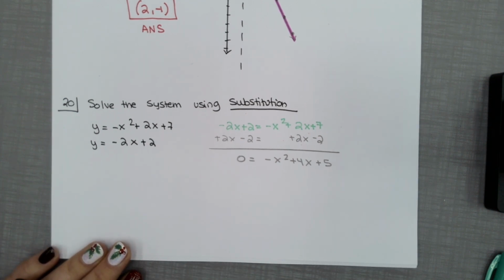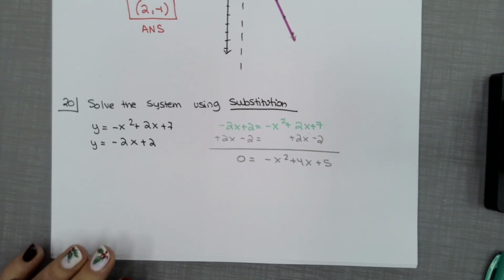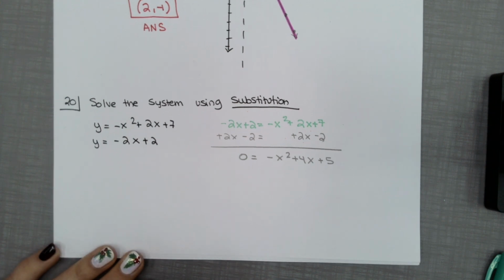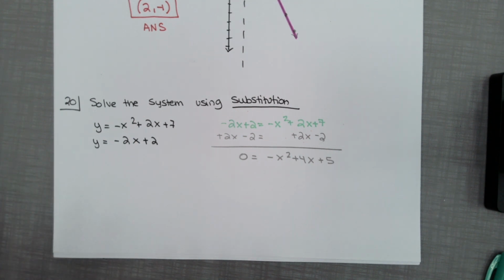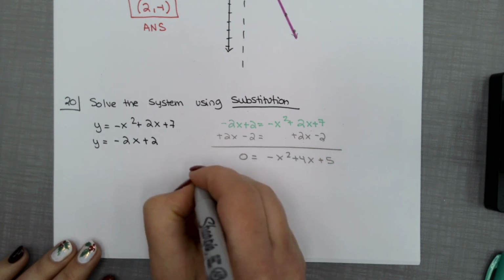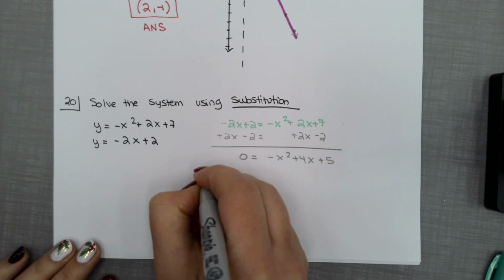Now, if you are choosing to factor, I highly recommend you factor, just because it's going to be easier. If you're choosing to use the quadratic formula, it's just going to take extra time, but it still will work perfectly. If you are factoring, make sure that you remove the GCF first.